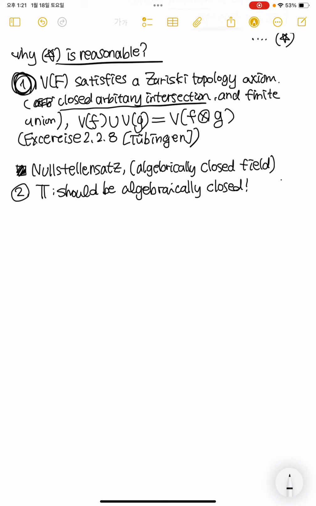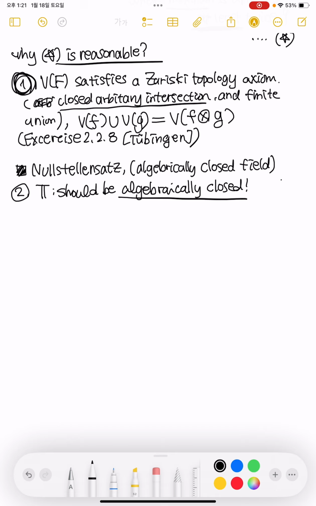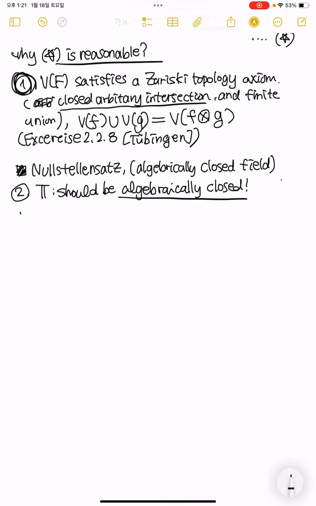So to verify this idea, let's think about a general univariable polynomial.